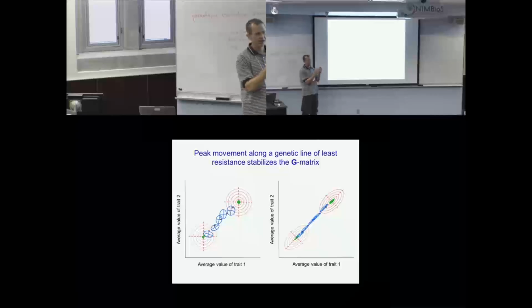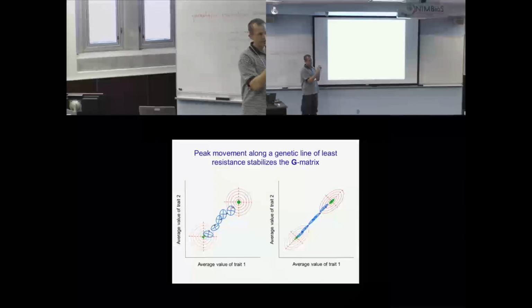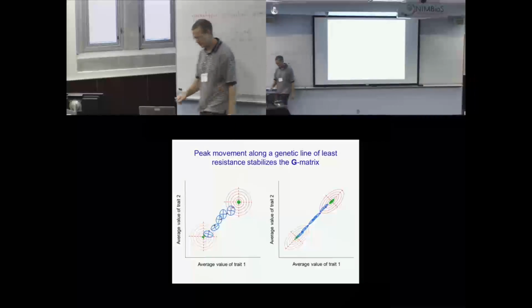The way to think about it is the rounder the G matrix gets, the less stable it gets. Directional selection stretches the G matrix in the direction of directional selection. So if it's stretching it to make it more eccentric, then it stabilizes it. If it stretches it to make it rounder, then it destabilizes it. So it's actually pretty simple conceptually.